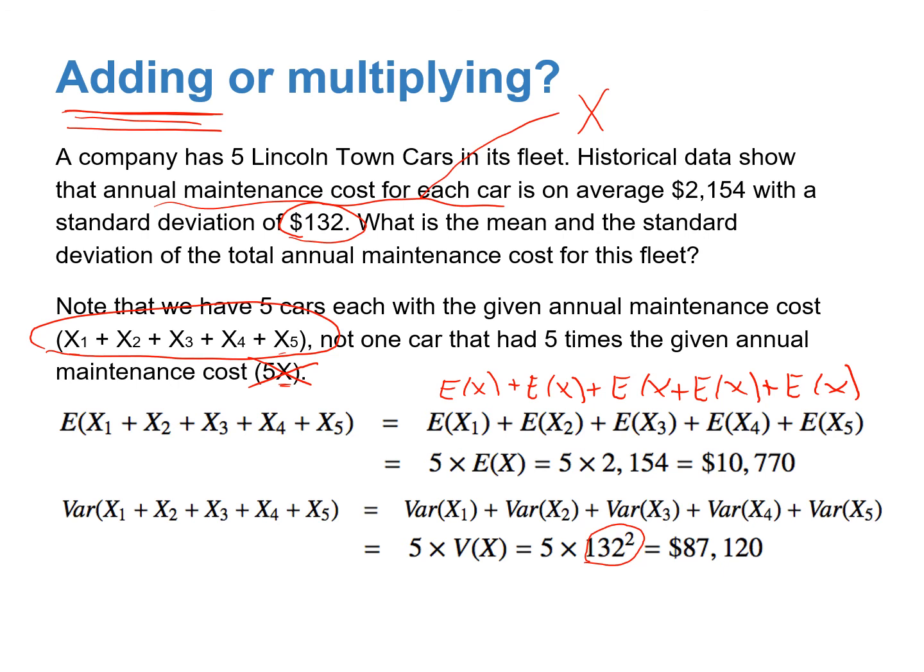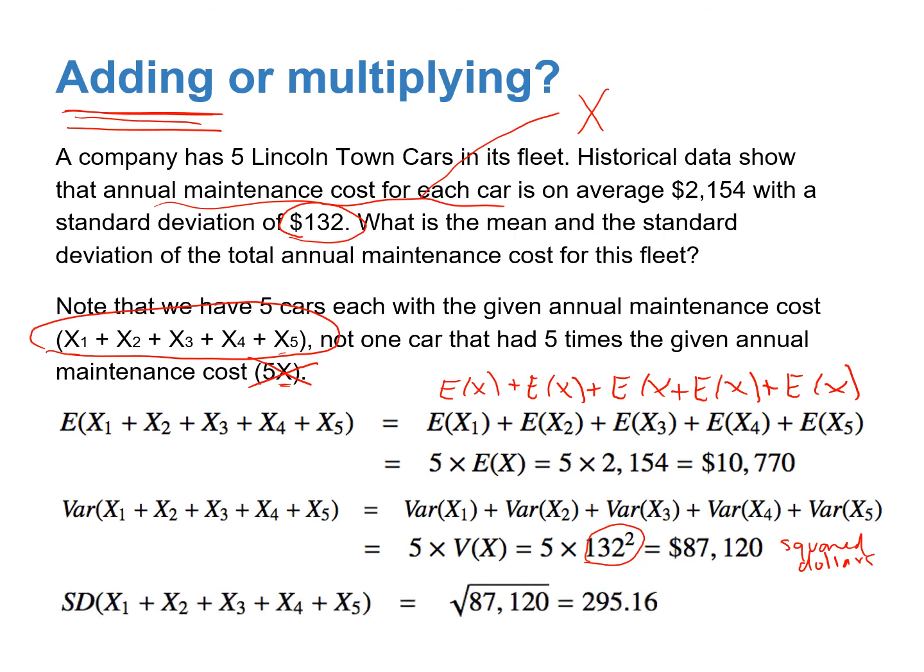And that gives me a variance of $87,120 squared, right? That's in, I guess, squared dollars. And so the standard deviation would be the square root of that, which gives us a standard deviation of $295.16.